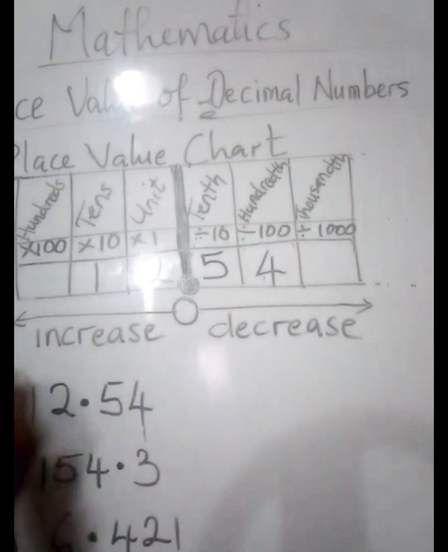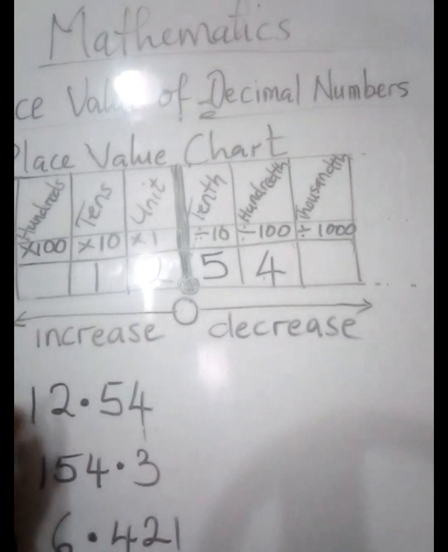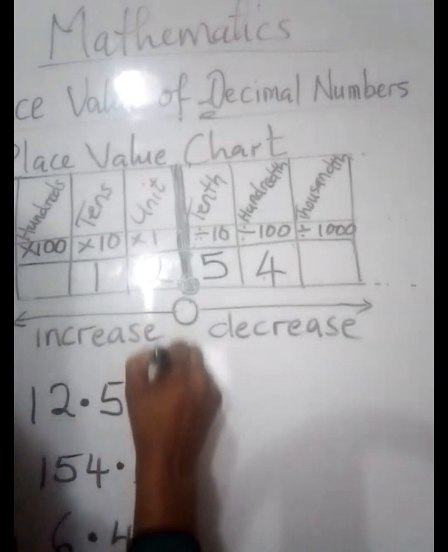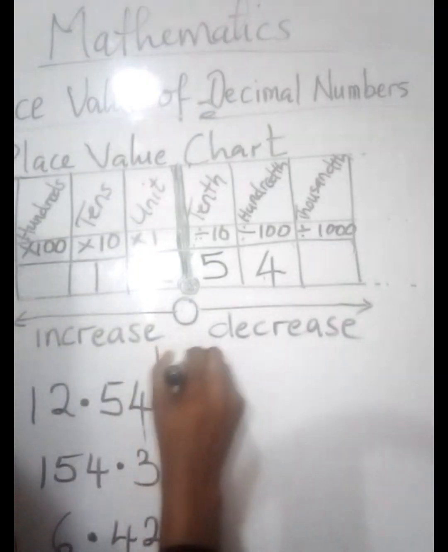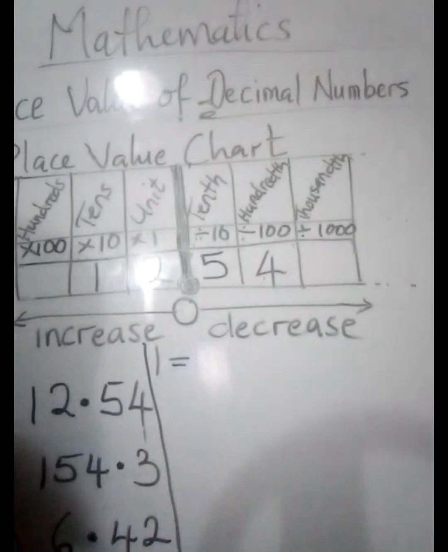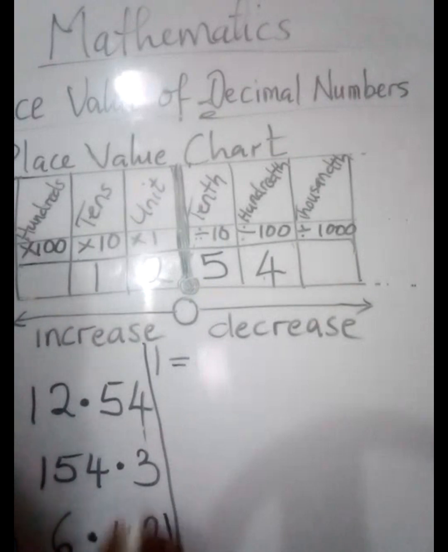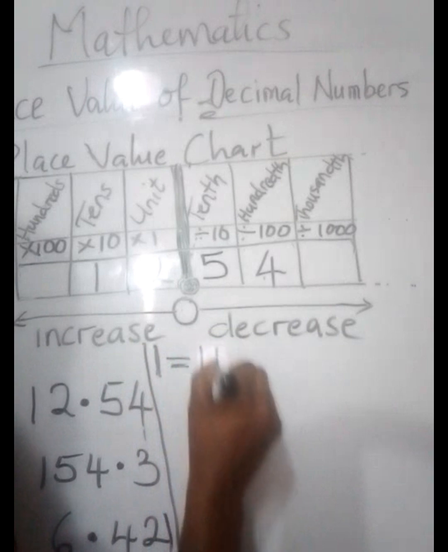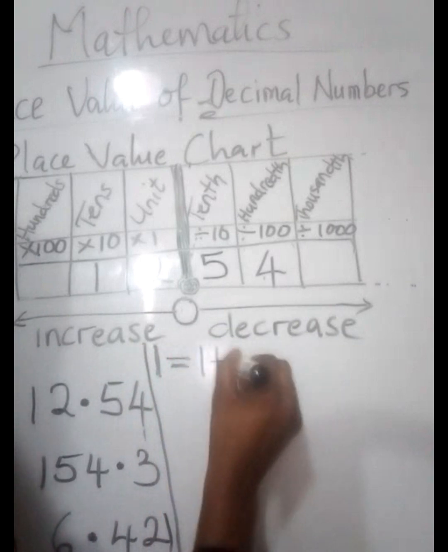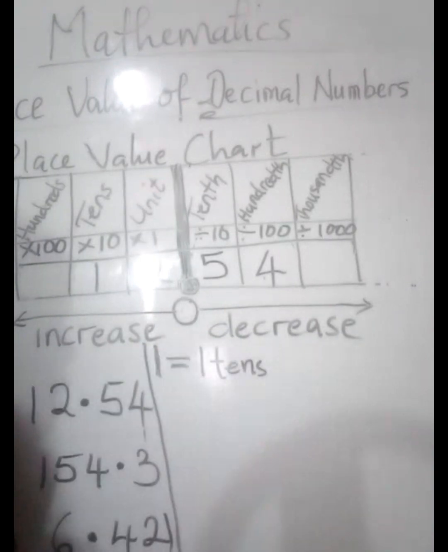Now, if they ask you what are the values of the different digits that you have in this number 12.54. Now the 1 is under tens, right? So your 1 is equal to, let me just roll this line so that you don't get confused. So 1 here is equal to 1 ten, right? That's 1 ten.